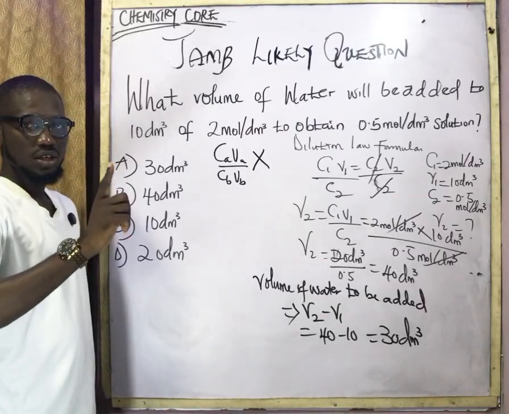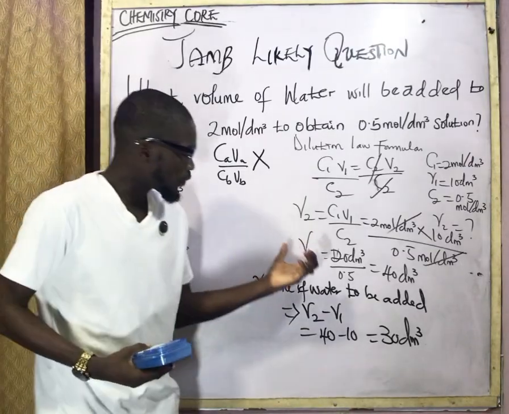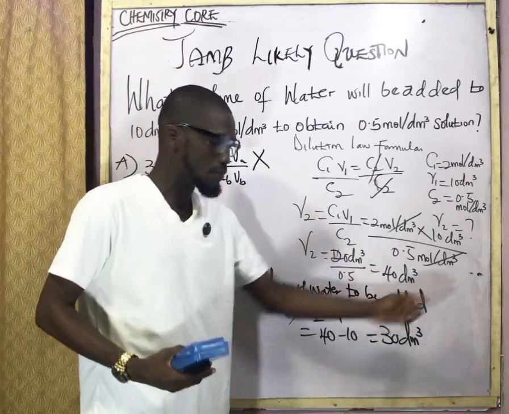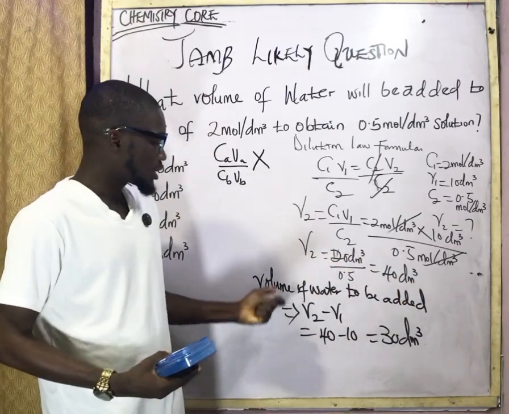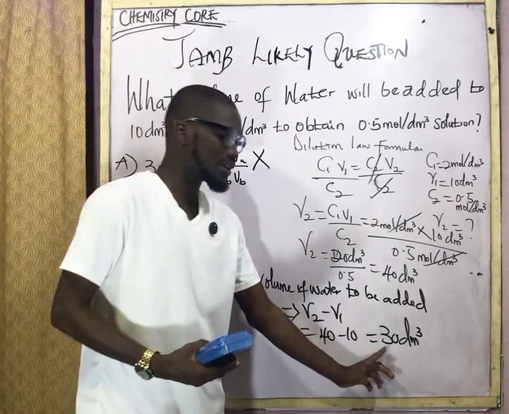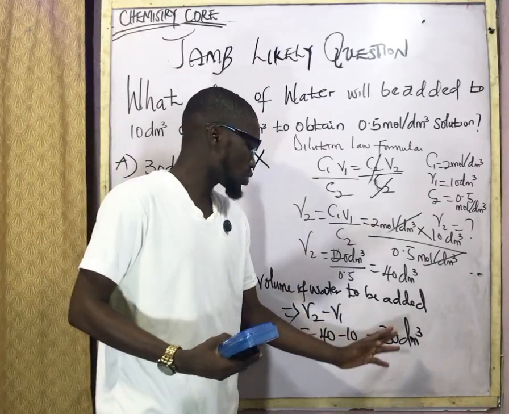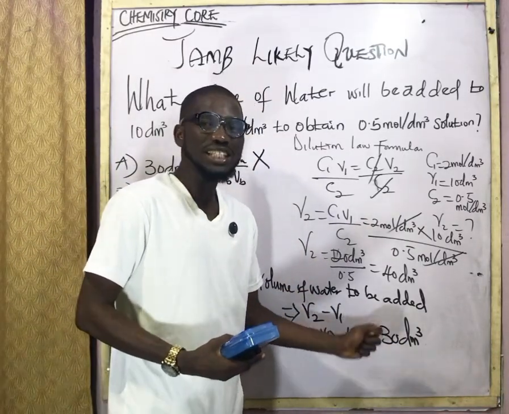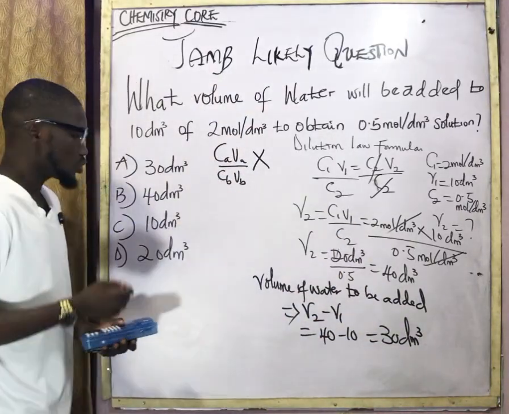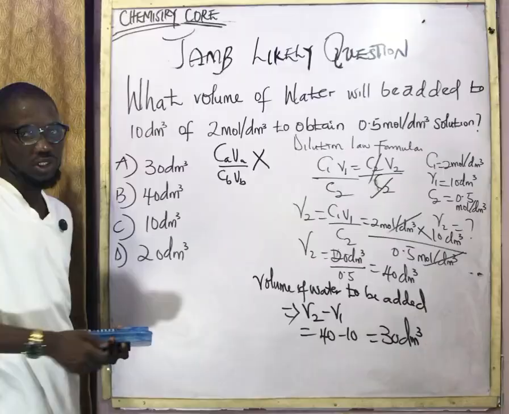For the first one, V2 is 40 dm³. For the second one, the volume of water to be added, we have 30 dm³. So 30 dm³ is the final answer.